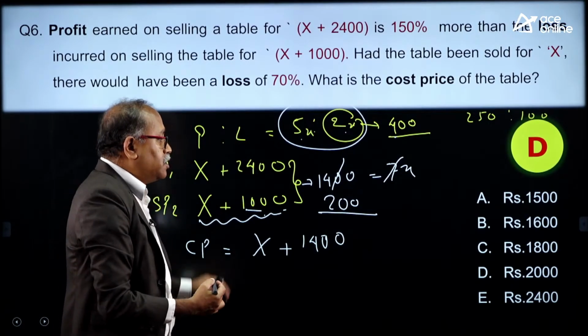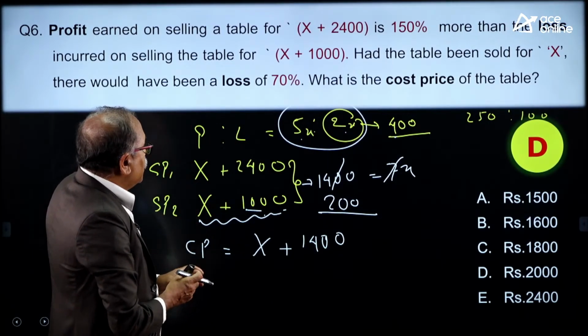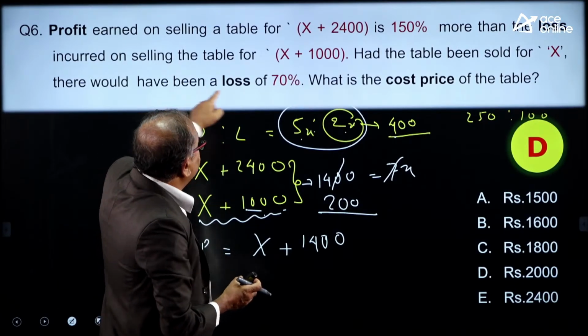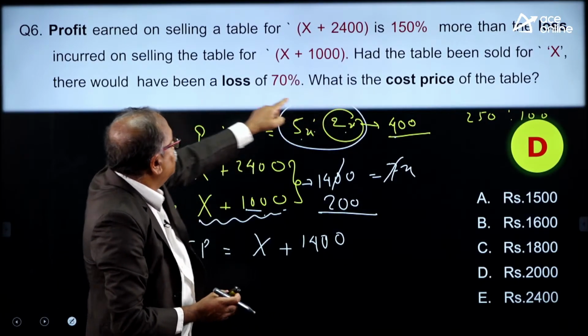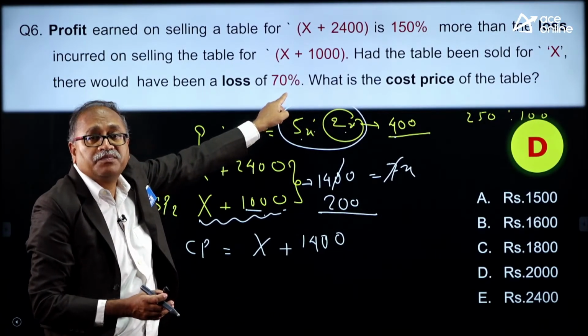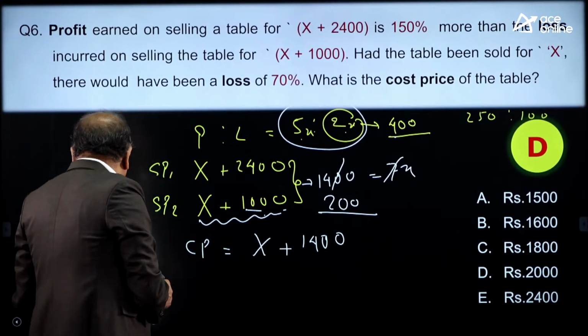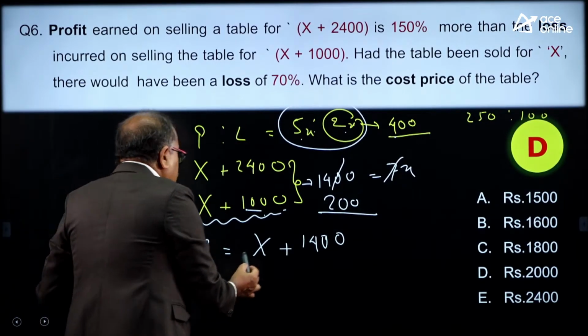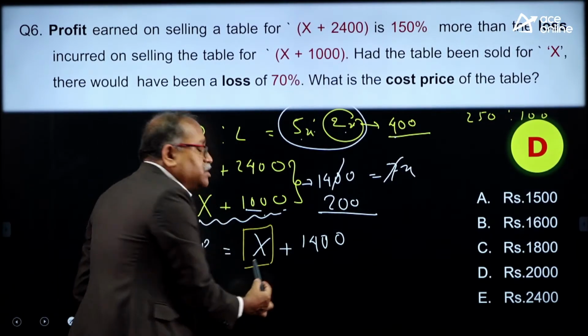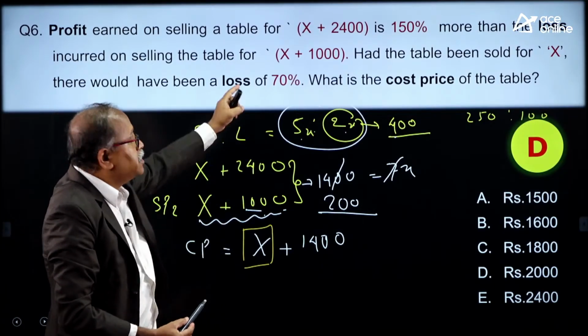Am I right? So, what I need to find out is the cost price. If he is selling at x, then he is making a loss of 70%.